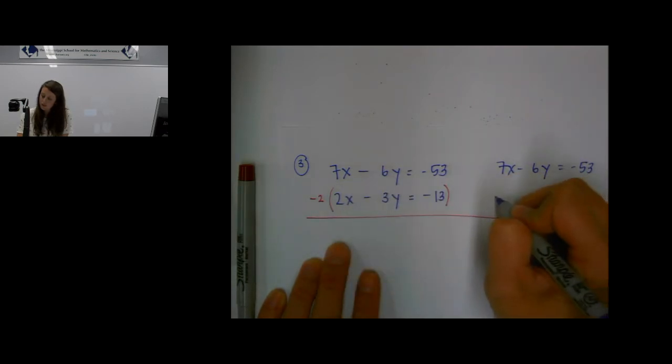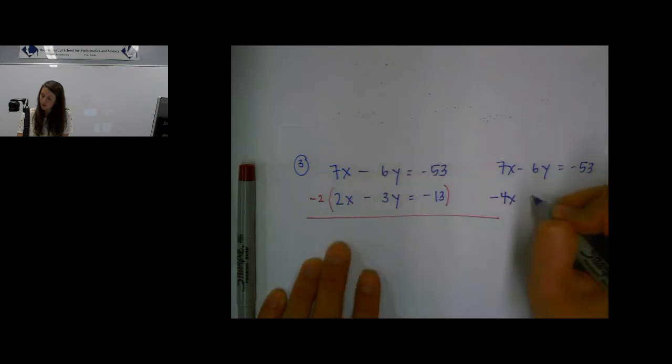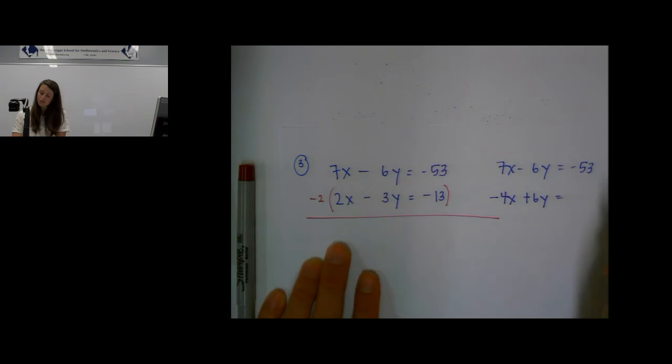Negative 2 times 2 is negative 4x. Negative 2 times negative 3 is positive 6y. Negative 2 times negative 13 is positive 26.